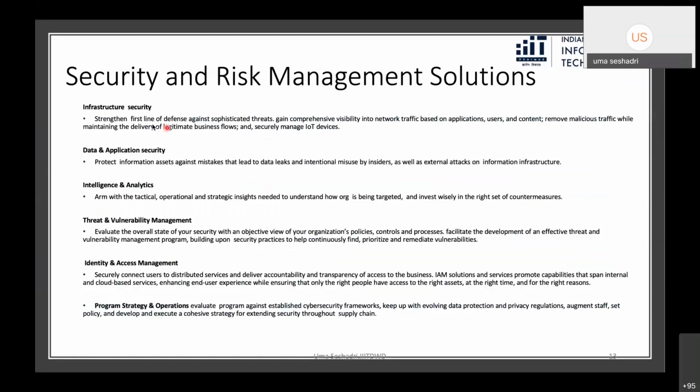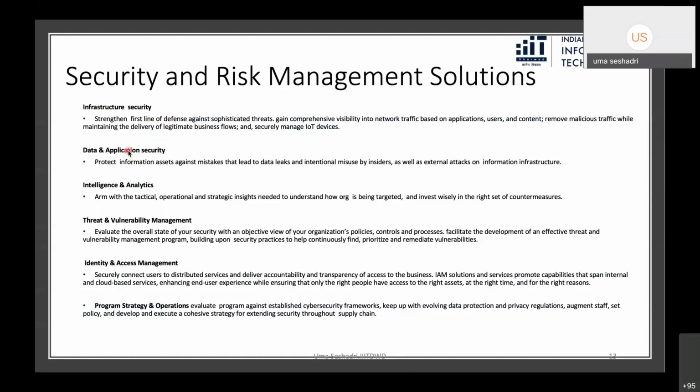There are various management solutions available today. Once you define that you want a security importance and risk management solution, you can always go back and check where you want to establish the security. An organization that is highly infrastructure-oriented can give more prominence to infrastructure security.